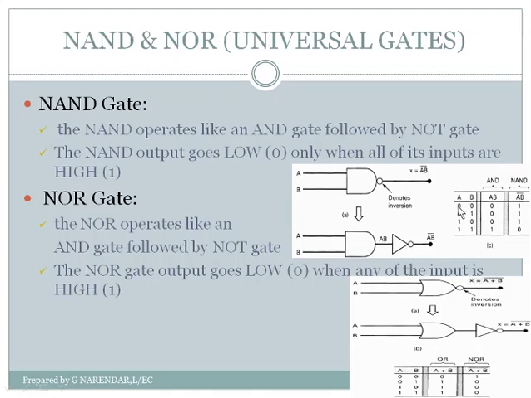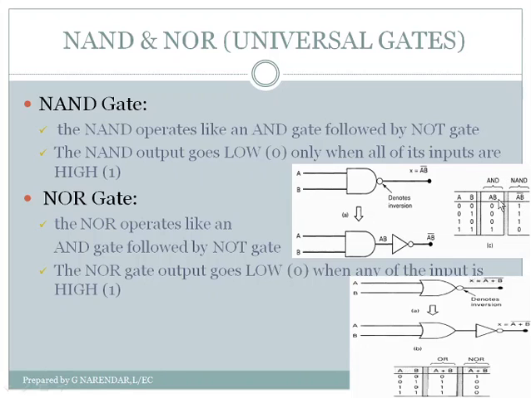That is, A assumes 0, B can assume either 0 or 1, and when A assumes 1, B can assume either 0 or 1. For all these input combinations, the right hand side of the truth table shows the output of the NAND gate, and for comparison, it also shows the output of the AND gate.